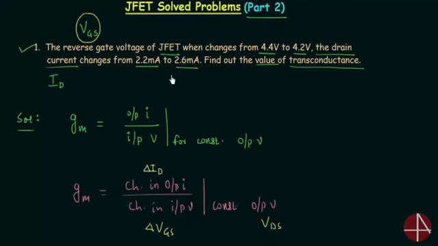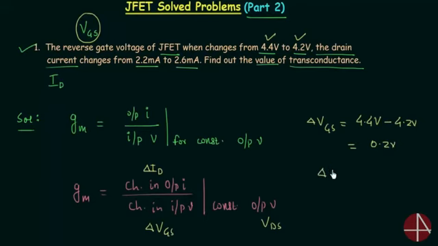given scenario. You can see VGS is changing from 4.4 volt to 4.2 volt. So the change delta VGS is simply 4.4 volt minus 4.2 volt, which is equal to 0.2 volt. The drain current is changing from 2.2 milliamp to 2.6 milliamp.